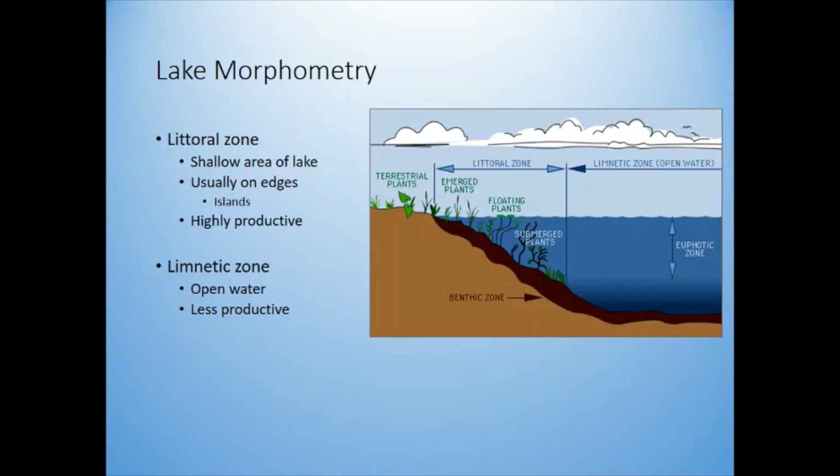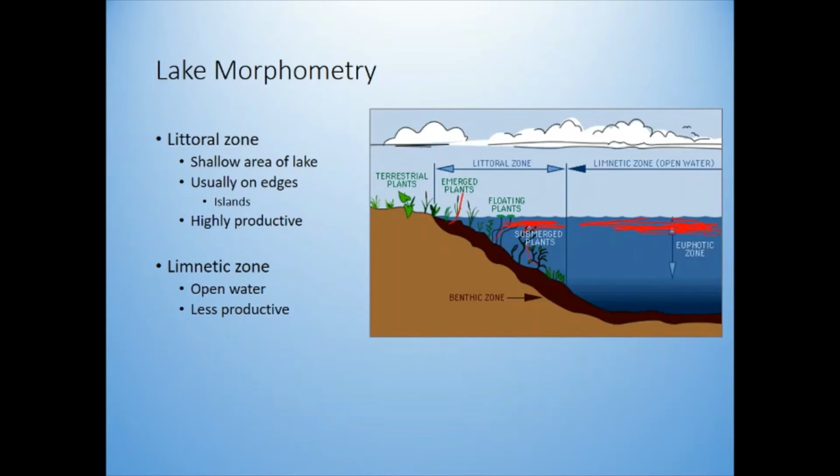And these areas are highly productive, right? The reason is because they have a variety of different habitats that can be used. So let's just think about primary production. You can have phytoplankton, just like you have phytoplankton out here, floating algae growing in the top of the water. You'll have that here, but then you also have plants that can emerge from the water or be submerged and floating.